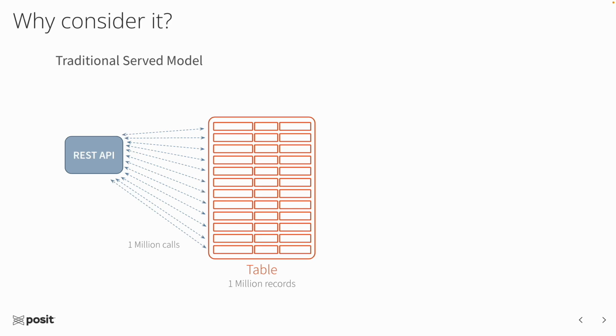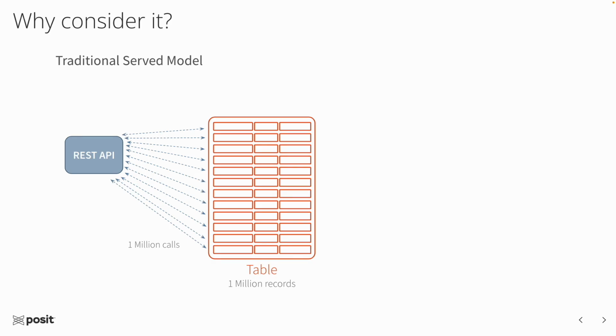So a typical served model would require that you send it a set of data, and then it would return a prediction, right? So let's say we have a table that has 1 million records. If you were to use the traditional model, then you would have to do 1 million calls in order to score the entire data set.